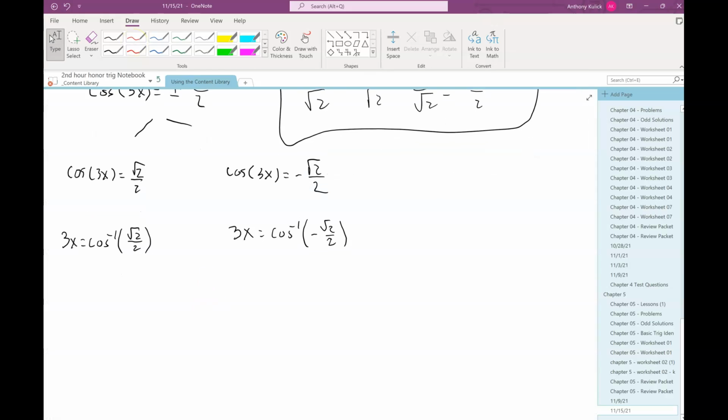Okay. So once we have this, now we're going to go to the unit circle. I'm going to look where the x-coordinate is root 2 over 2. So that happens at pi over 4. And it happens also at 7 pi over 4.